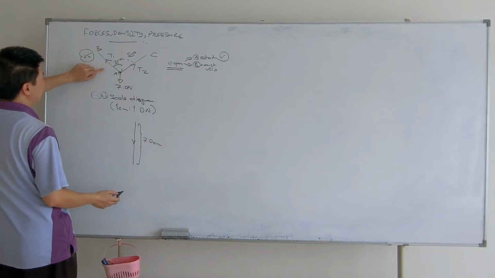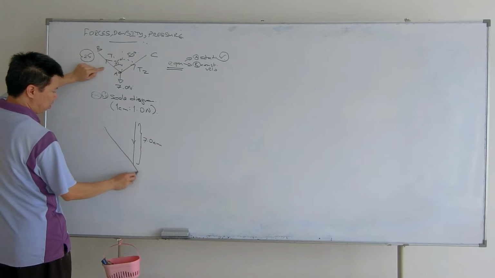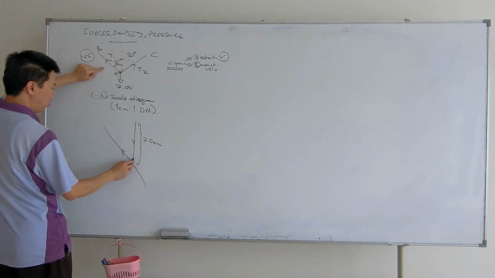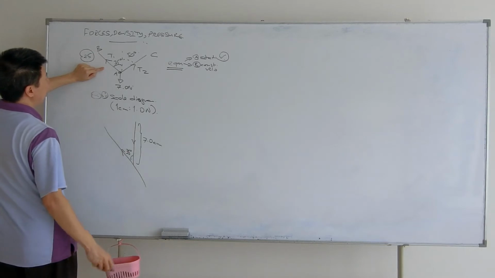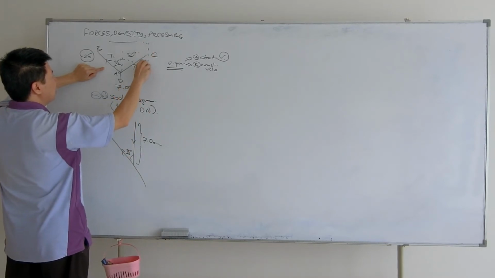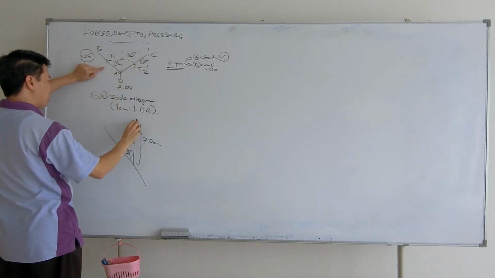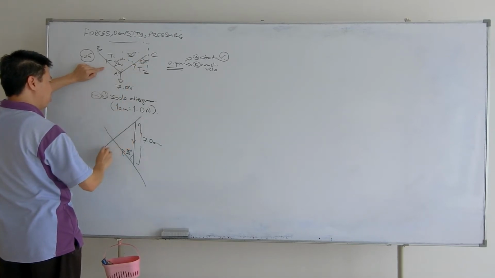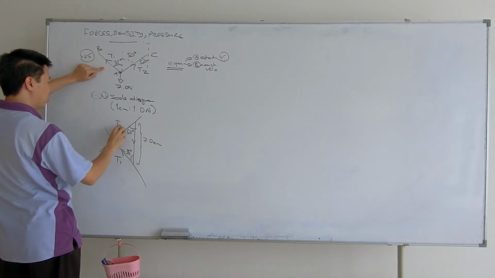After that, you draw a line as long as you can to indicate T1 at 35 degrees. Then, with the angle of 50 degrees, you draw another line, T2, at 50 degrees here. So this one will be T1, this one will be T2.